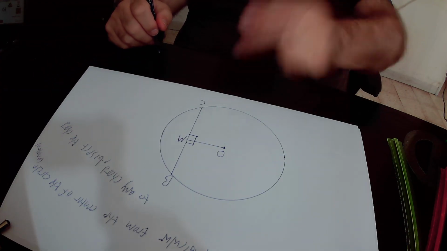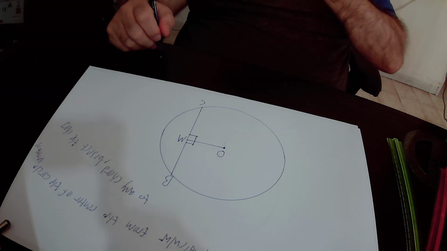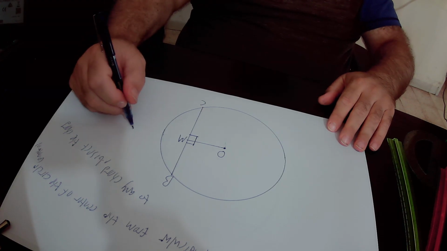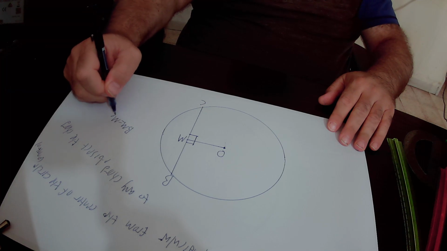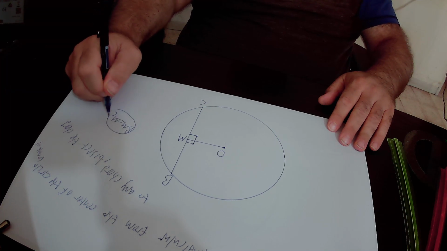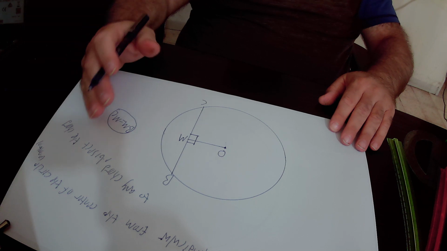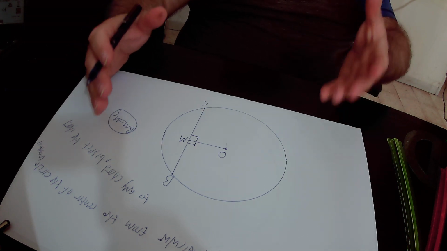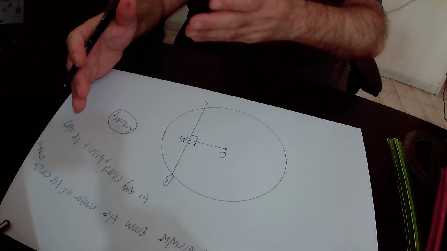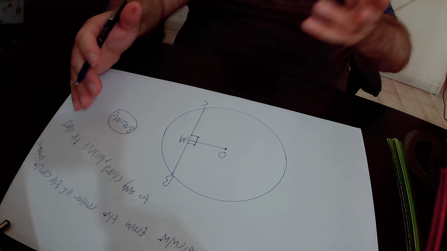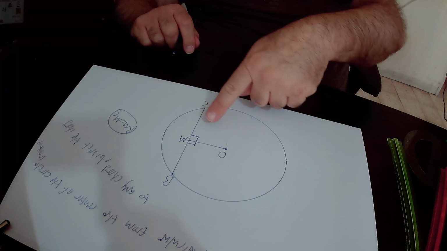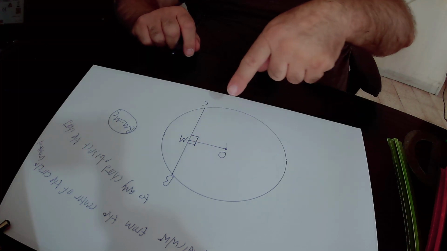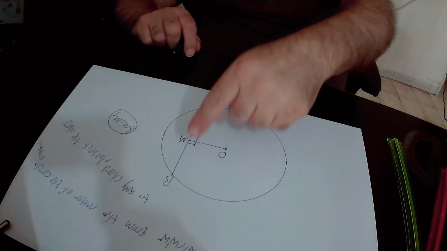That is to say, in this case it means that BM equals MC. So whenever you draw a perpendicular from the center of a circle towards any chord, it will bisect the chord. In this case, the perpendicular OM on BC bisects chord BC, that is to say BM equals MC.